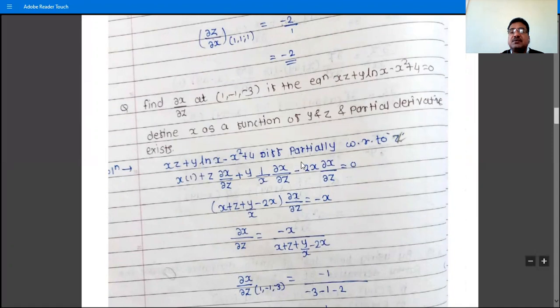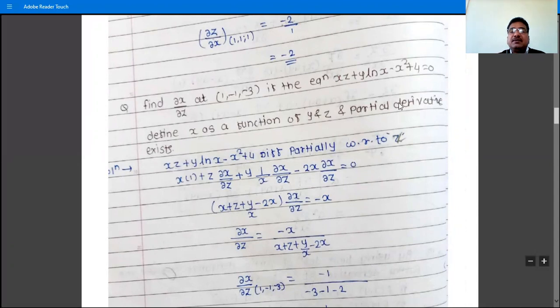The function is xz plus y ln x, that is log x, minus x square plus 4. Differentiate with respect to z, because we have to find ∂x/∂z.